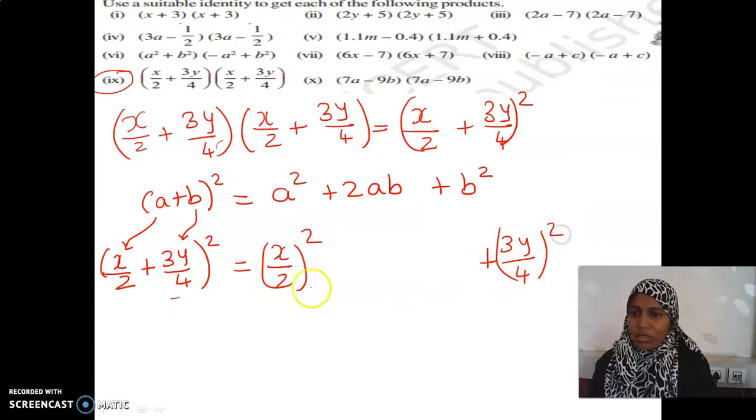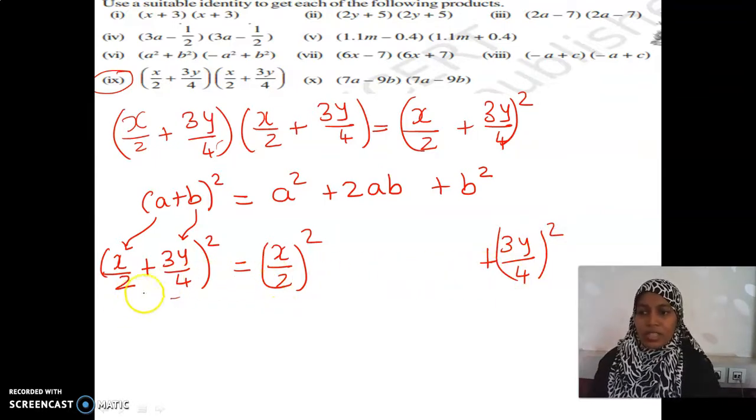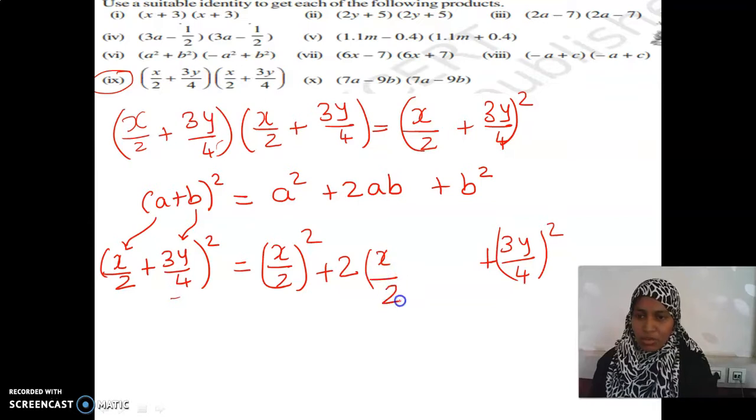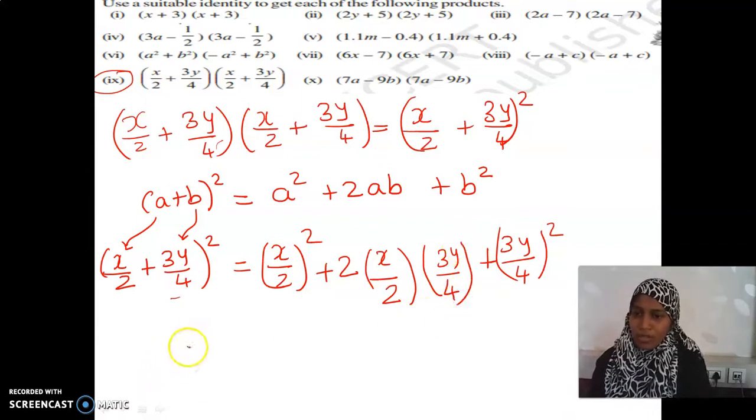I am squaring those two terms in this question. In between, I will find twice the product of x by 2 and 3y by 4. So, what will be the answer?